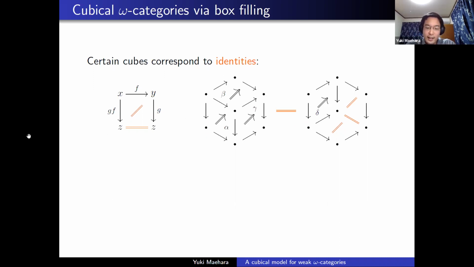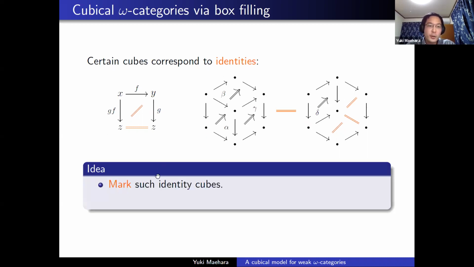So now this third way of looking at omega categories, what we do is we mark such identity cubes, and with this marking, we recover or encode the compositions using unique marked fillers for open boxes. By an open box, I mean the boundary minus one of the faces.